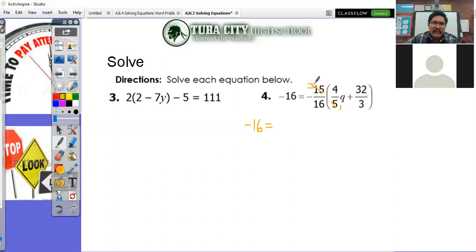Now, if you were to multiply this, you'd get something like 60 over 80 or something like that. And you would have to simplify it. By doing this, you are simplifying it before you multiply it. And that makes it a little bit easier because you have smaller numbers to work with.